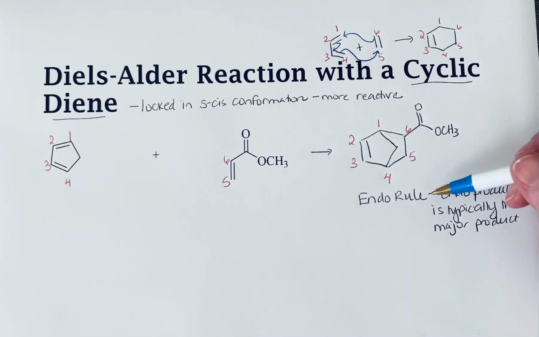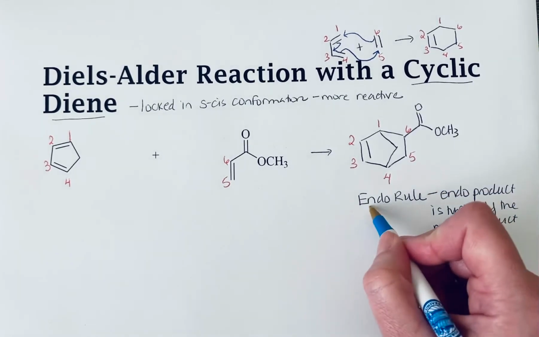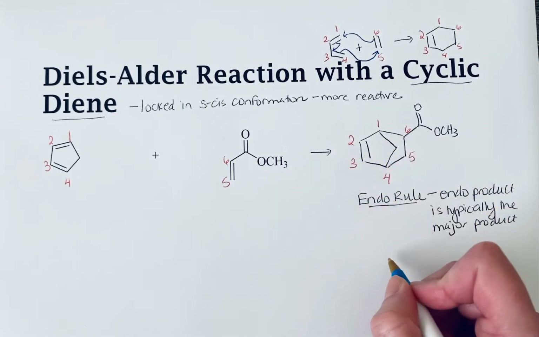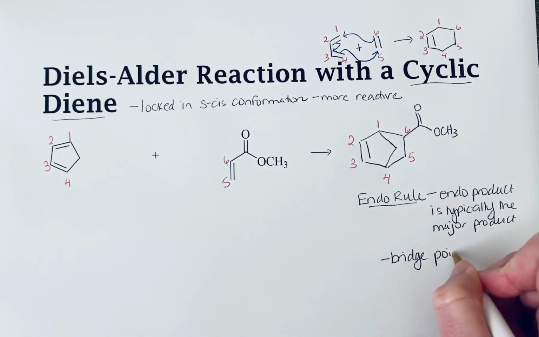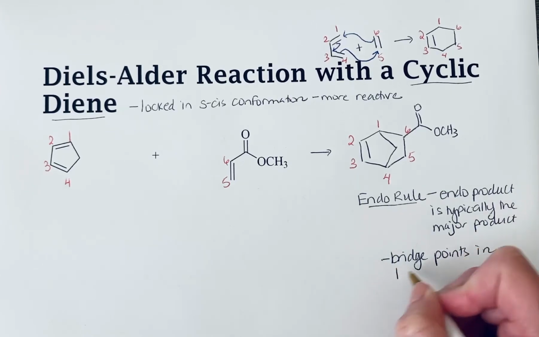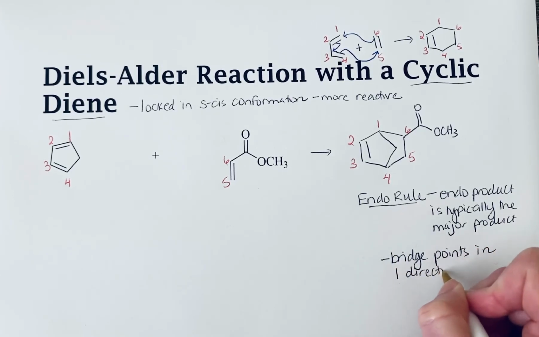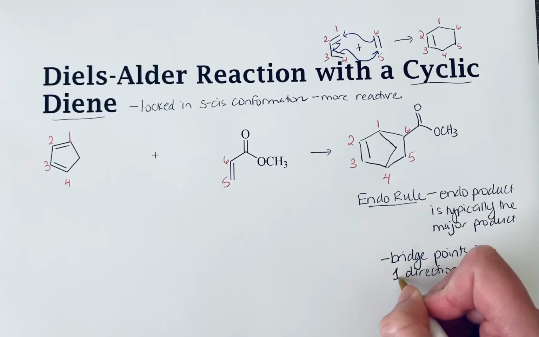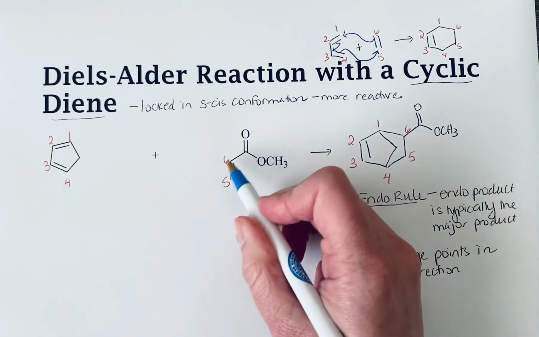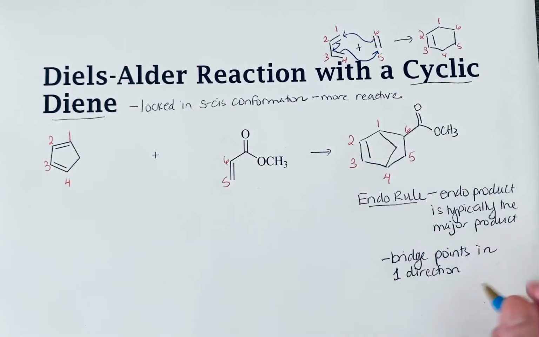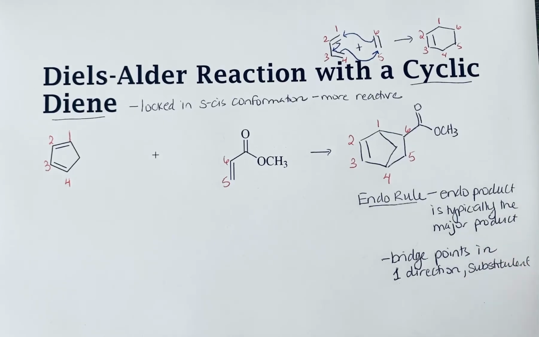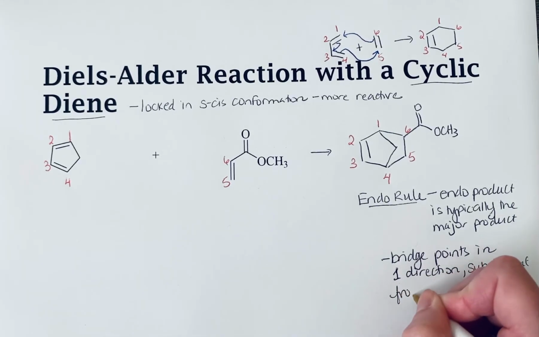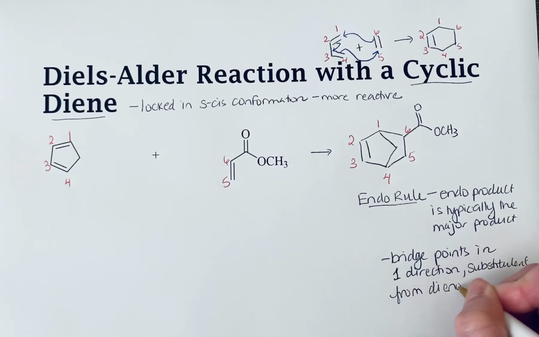We just need to know how to draw the endo product. So the endo product tells us that our bridge is going to point in one direction, and your substituent from your alkene will point in the opposite direction. So the substituent from the dienophile will point in the opposite direction.